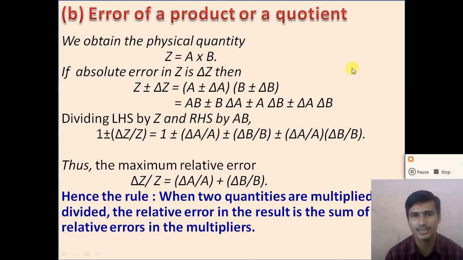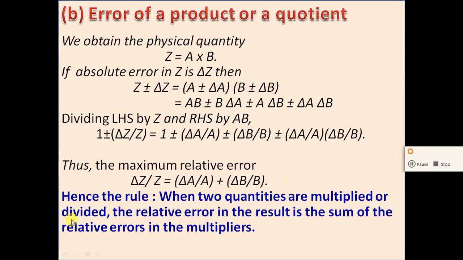So we summarize that when two physical quantities are multiplied or divided, A multiplied by B or A divided by B, the maximum relative error delta Z by Z is equal to the sum of the individual relative errors in the multipliers.